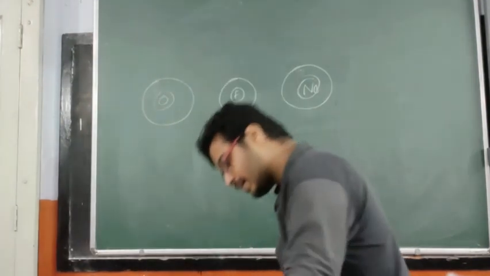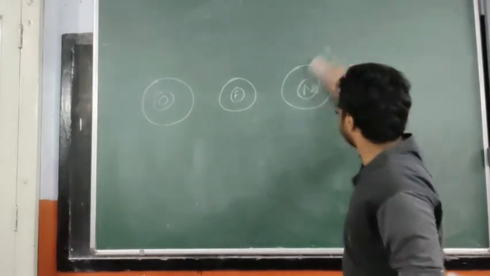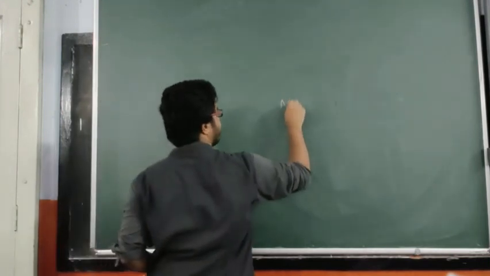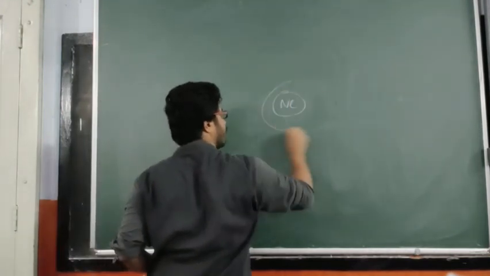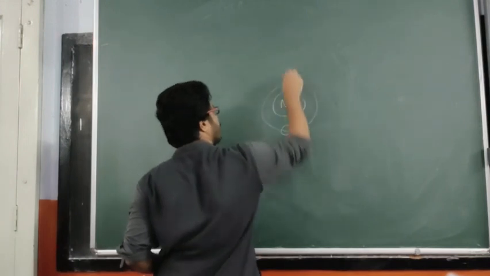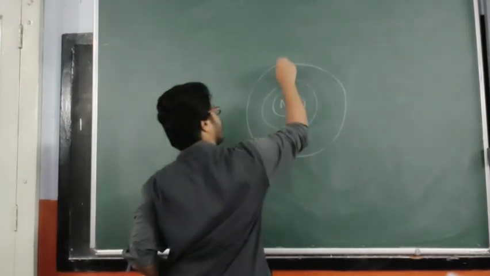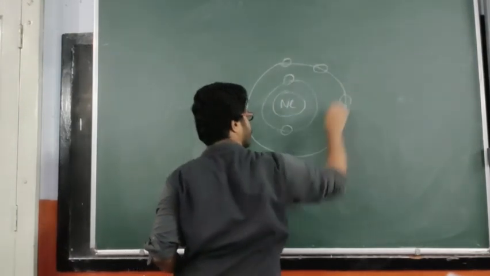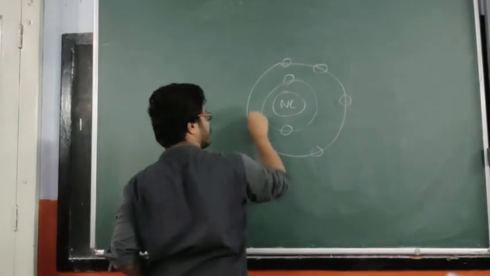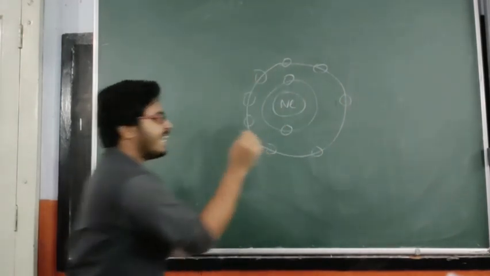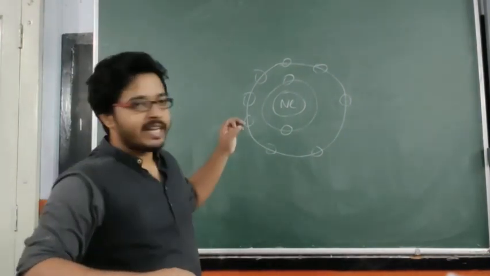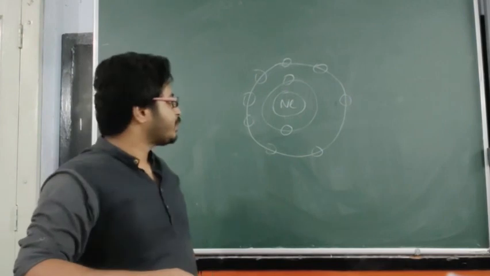So what happens if there is 8 electrons in the outermost shell? We can just analyze from the diagram. In case of neon, it is having a 2-8 configuration.